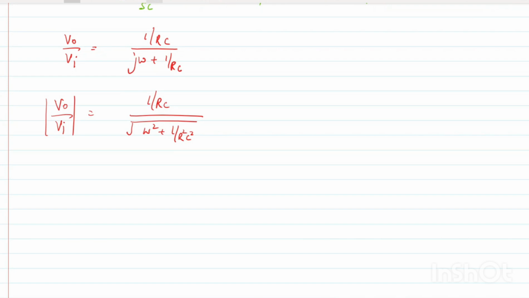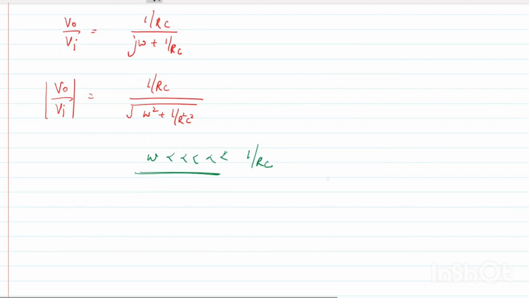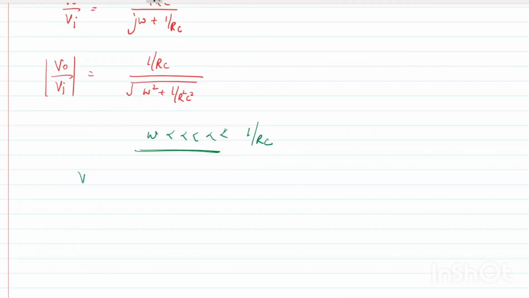I want to see whether it's a low pass or high pass. This is very important. So I say when omega is a very small value, very small compared to 1 by RC, can I neglect omega? Yes.